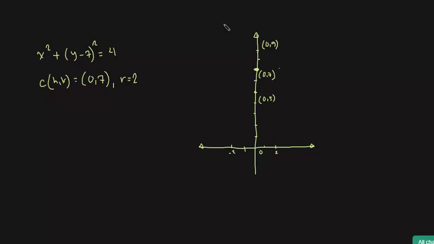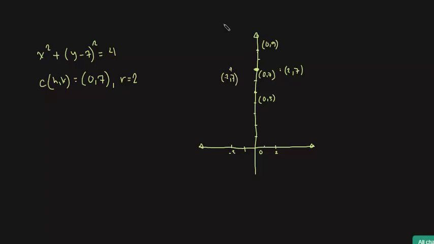So this will be this point right here, 2 and 7, and right here, negative 2 and 7. So we now have all the points.